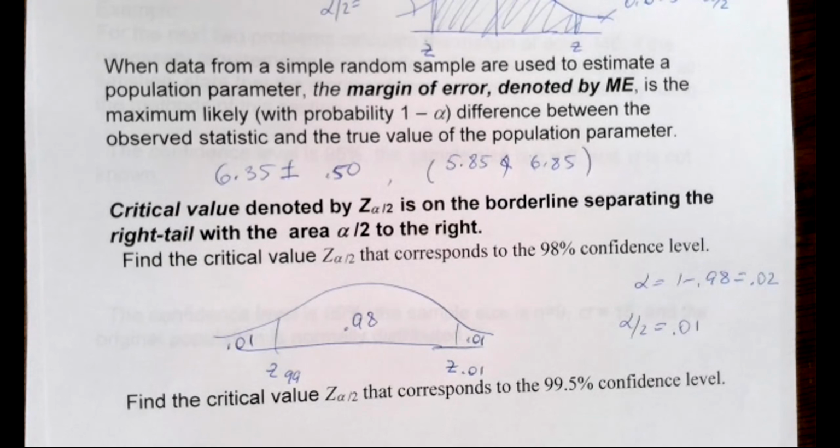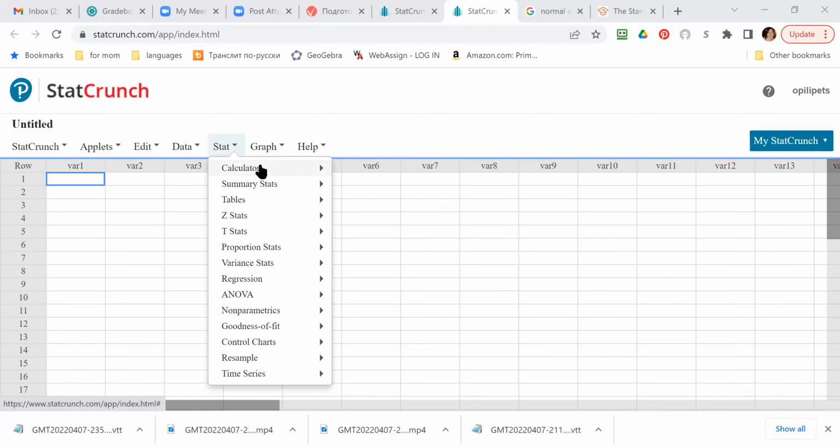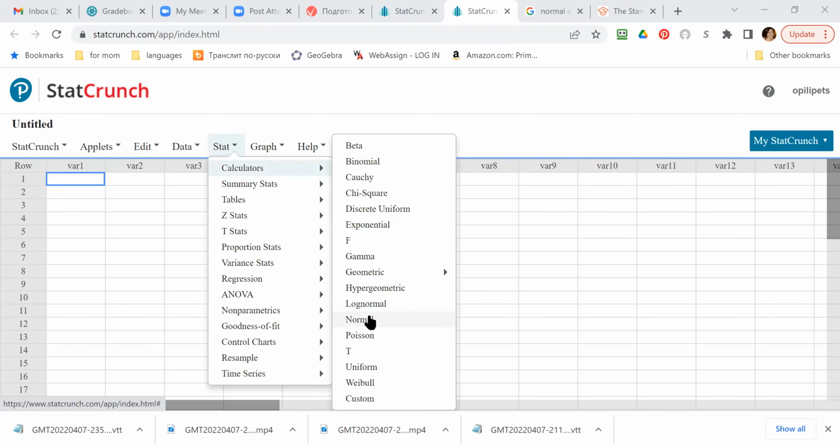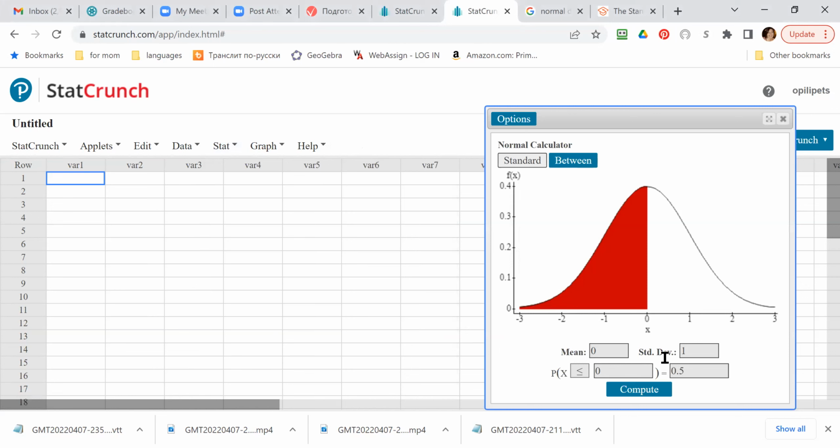So how do we find those values? We're going to look at our StatCrunch calculator. We go to stats calculator, select normal, mean 0, standard deviation 1. It goes to standard normal right away.